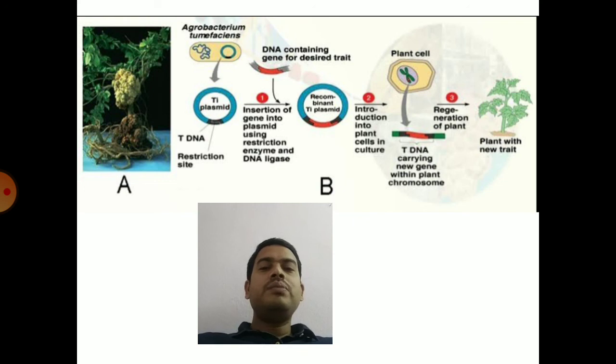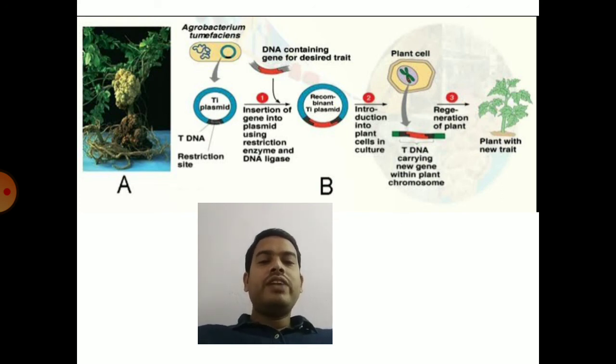Now Agrobacterium tumefaciens will infect the plant cell, especially dicot cells, and transfer the Ti plasmid. With its left and right border sequences and with the help of virulence genes, it will introduce your foreign DNA that is present between the borders into the plant genome, where it is stably incorporated.